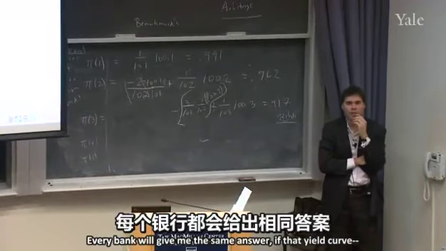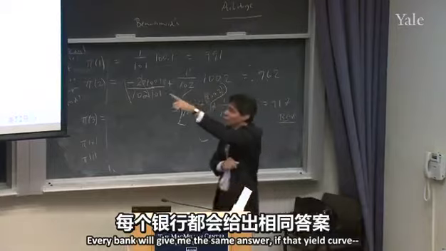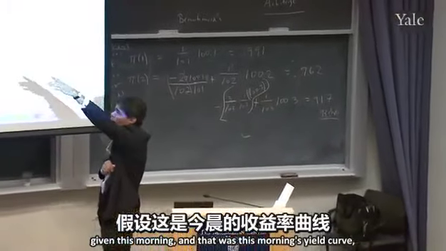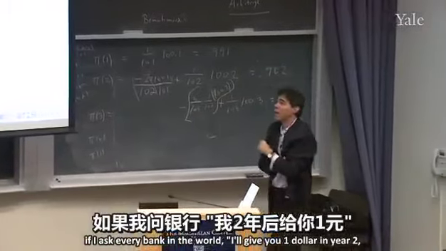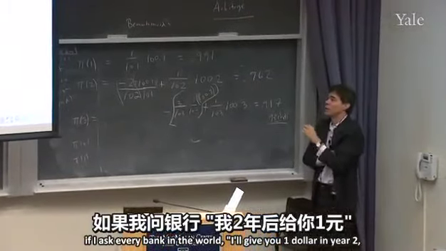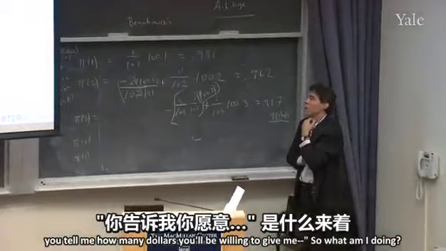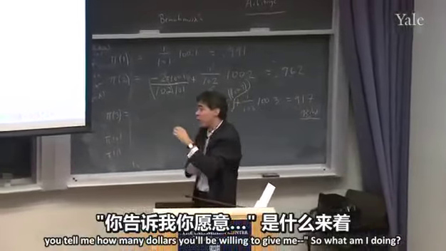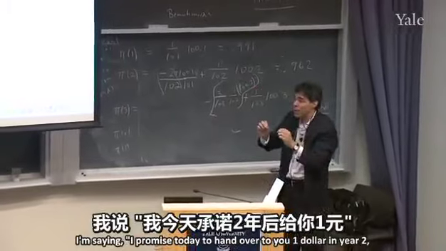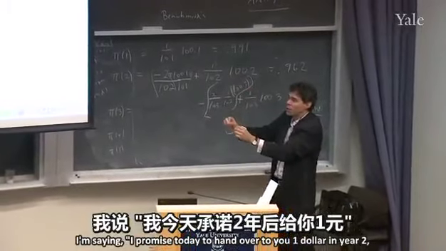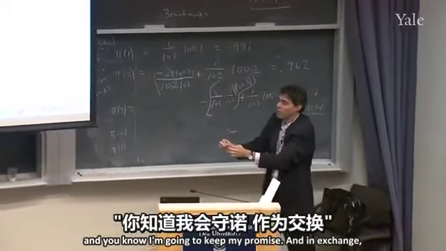Every bank will give me the same answer, given this morning's yield curve. If I ask every bank in the world, I'll give you $1 in year 2, you tell me how many dollars you'll be willing to give me. So what am I doing? I'm saying, I promise today to hand over to you $1 in year 2, and I'm going to keep my promise.